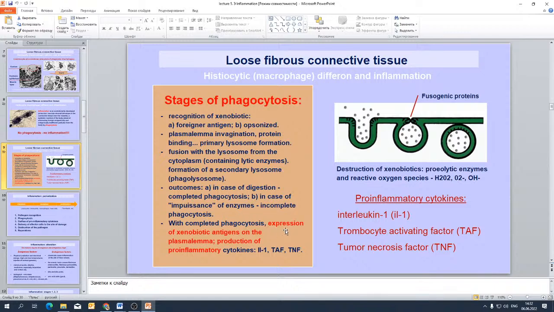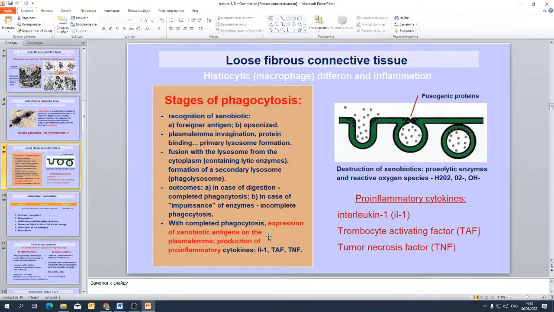With complete phagocytosis there is expression of xenobiotic antigens on the plasmalemma, and production of pro-inflammatory cytokines: interleukin, TNF, tumor necrosis factor, for example, and platelet activating factor. And what is a cytokine? It is a substance needed for chemical messaging.